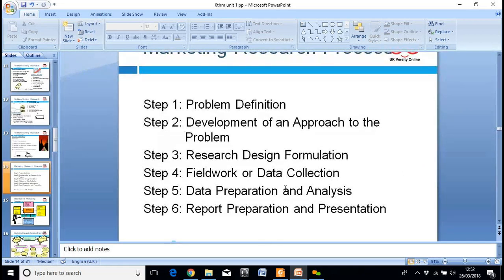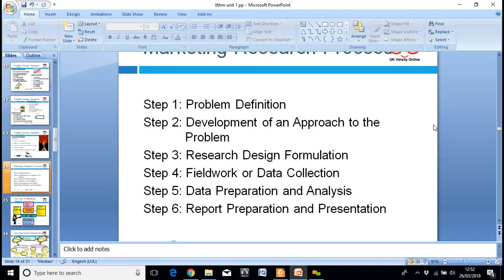You then prepare all the data and it's analysed. So it's looked at what did we think beforehand, what was the problem, and was our approach correct? Did we, from the analysis, have we got a result? So we then need to prepare a report and present it. So in a nutshell, that is the research process.